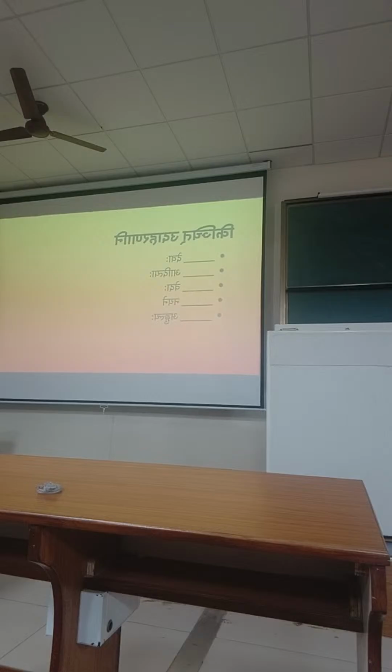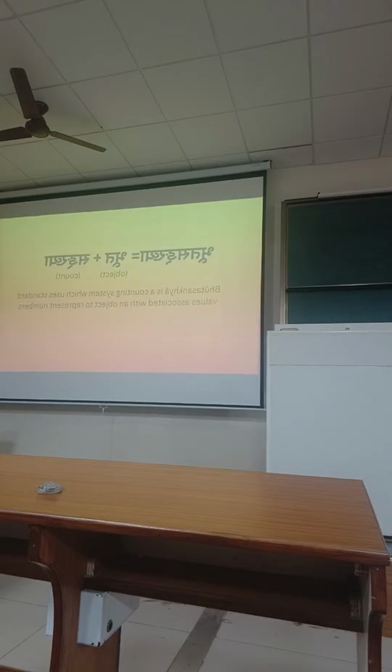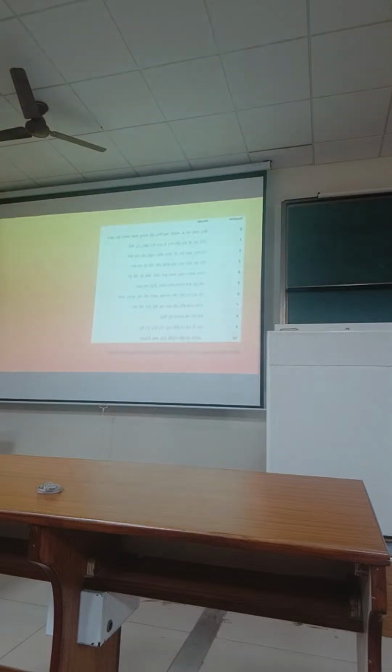Dash Angulya. Anguli is finger. So 10. This is the essence of the Bhuta Sankhya, and it is a compound word, Bhuta plus Sankhya. Bhuta is object, Sankhya is count. So when you use the implicit numbers associated with your object to encode, it's called Bhuta Sankhya.